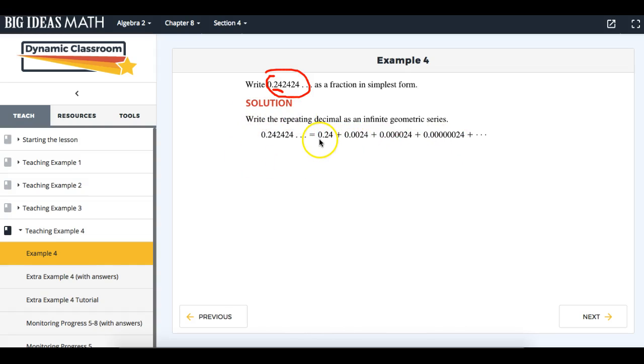So if we took 0.24 and added it to 0.0024, we would just get 0.2424. That's a point right there. Now if we took this next part and added it right here, see we've got 4 decimal places and then 2 4.